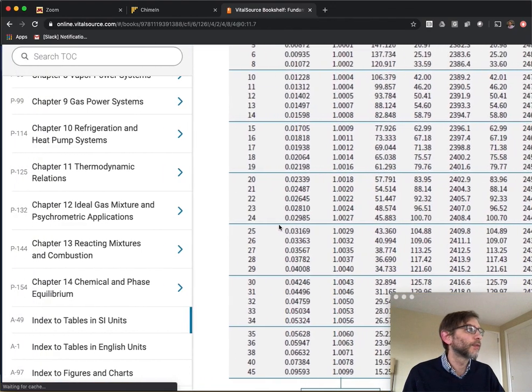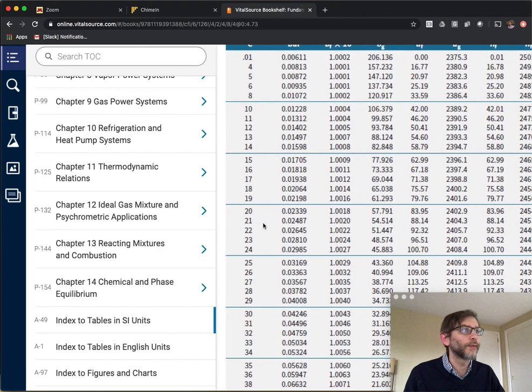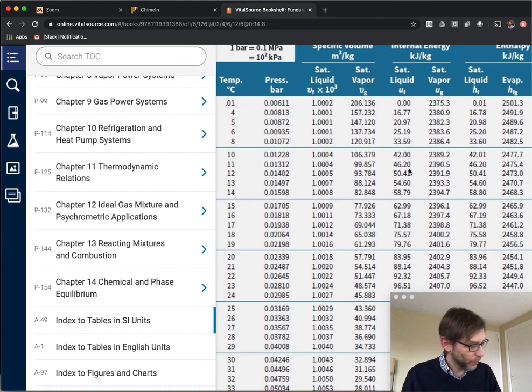We have 30, 15, and 35. So 15 is here, and we're looking for hf. So h3 equals hf at 15 degrees C, and h4 equals hf at 35.